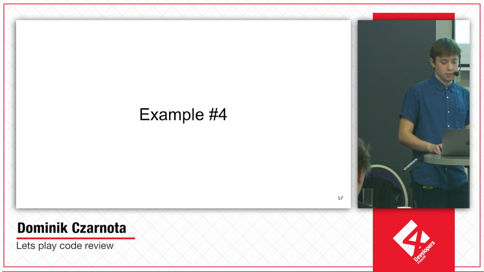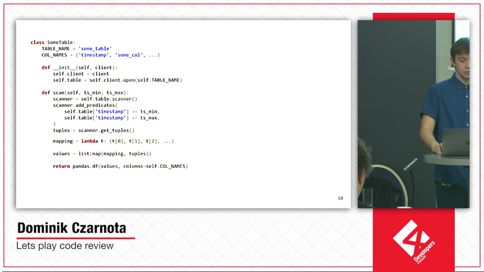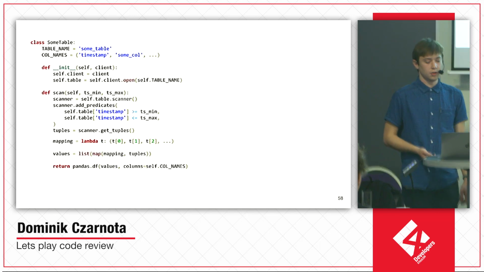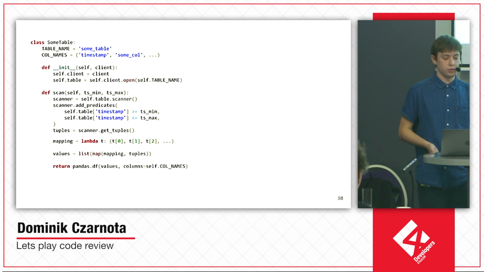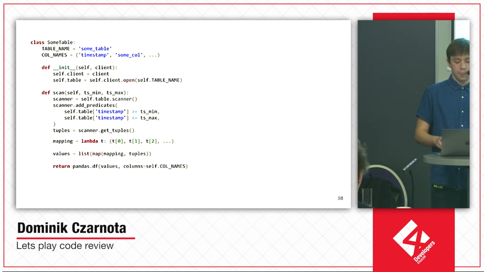Okay, and the last example. So we have some table. This is an abstract table, I mean, an abstraction above some data storage that probably is not SQL, because if it were SQL, you would rather use some module downloaded from pip for that.